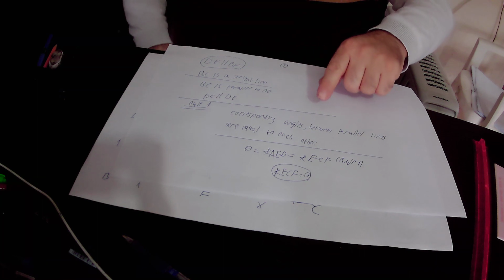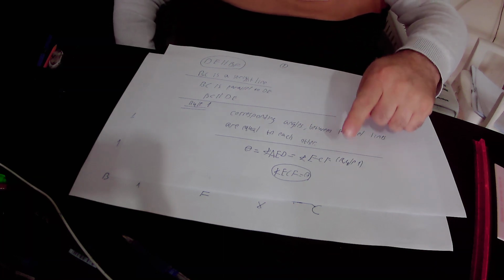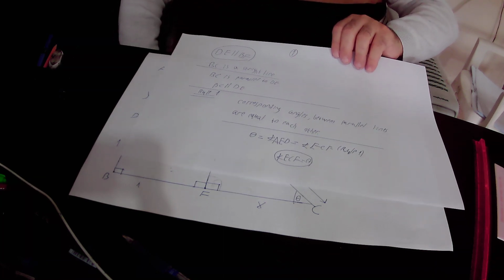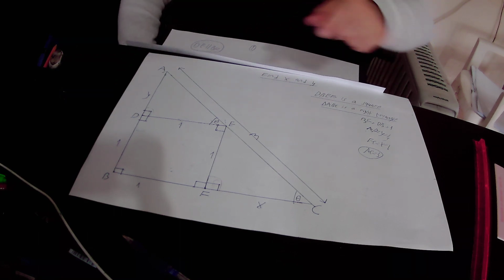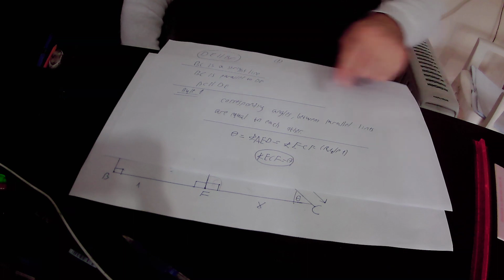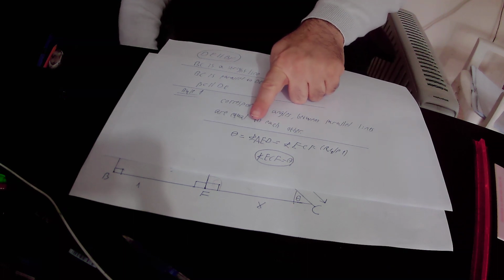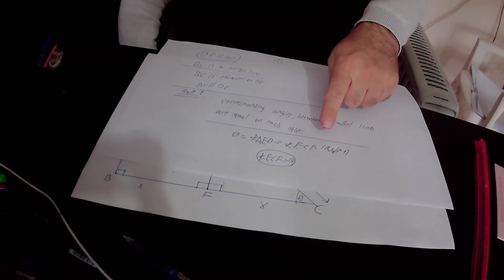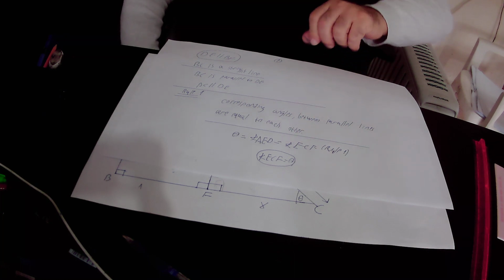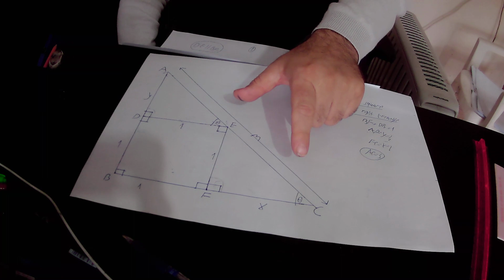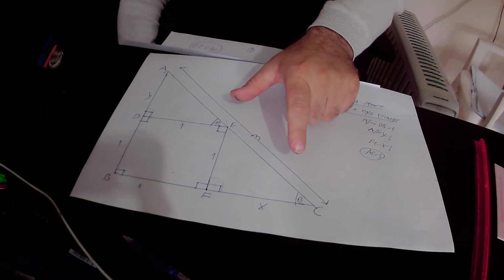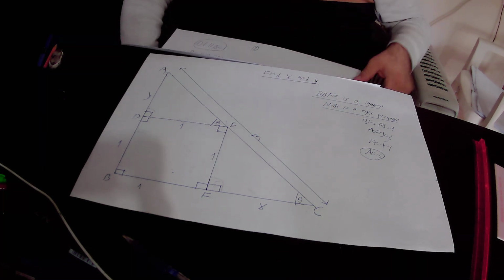That is to say, angle AED equals angle EFC, according to rule number 1. If we define angle AED as theta, then angle EFC also equals theta, so those two angles are equal to each other, and they are both equal to theta.